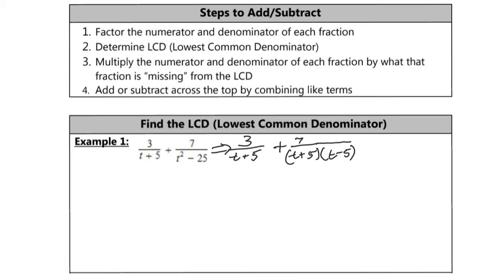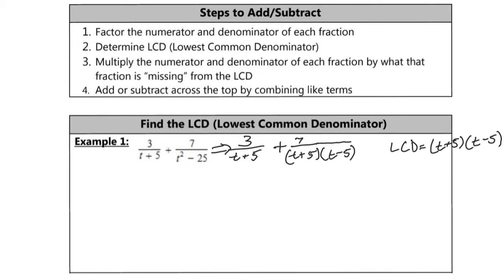Now that we factored everything, we go to the second step, determine the LCD. So what is the lowest common denominator? Well, the first one has t plus 5. The second one also has t plus 5, but it has t minus 5 as well. So our LCD would be t plus 5 times t minus 5. Now we've done step 2.